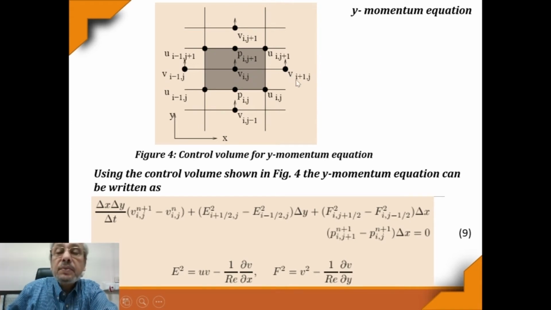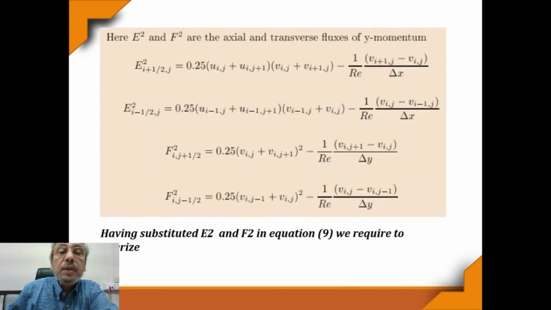Vij plus Vi plus 1j by 2 will give V here, and Uij, j plus 1 by 2 will give U here. So we will look at the terms which are basically Uij plus Uij plus 1 by 2.